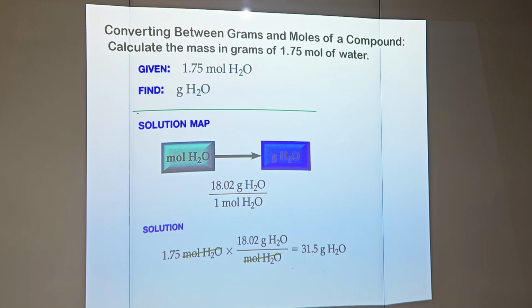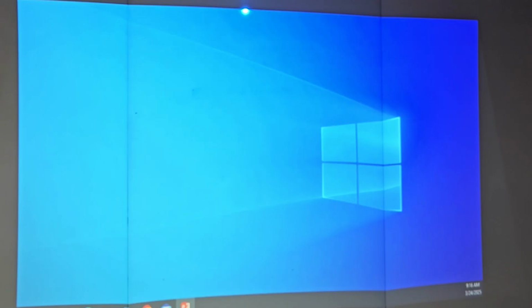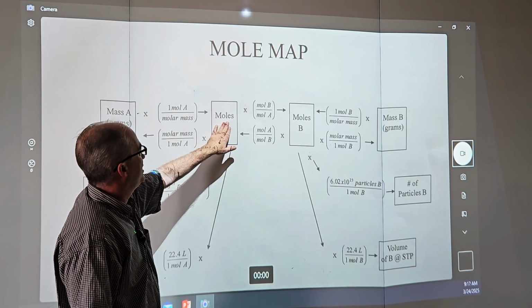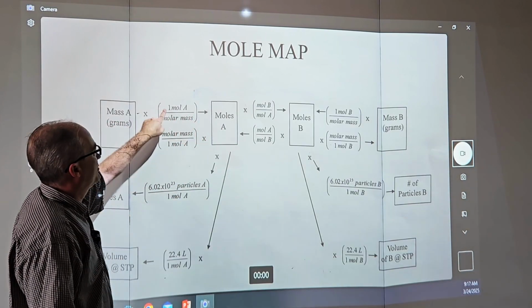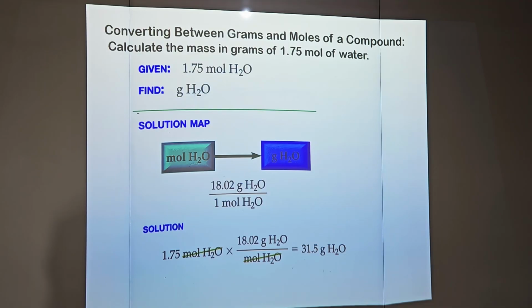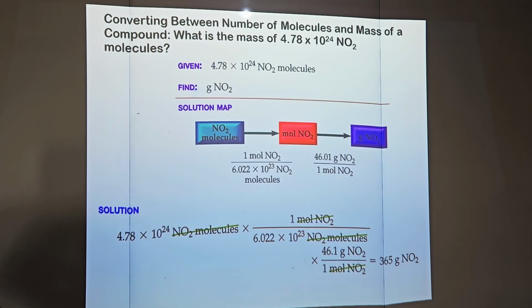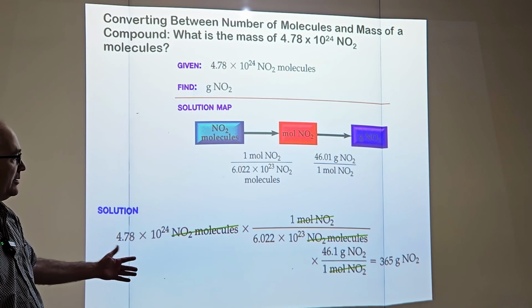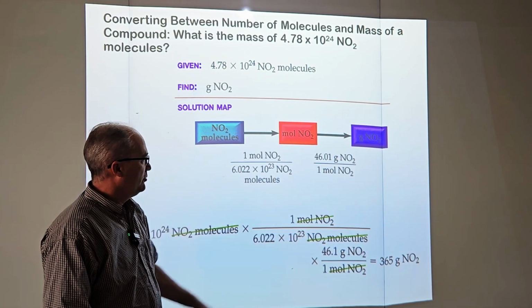So on the mole map, oh lovely, we went from moles of H2O multiplied by molar mass and got to mass. Any questions? Now if I know the number of particles, I'm going to divide by Avogadro's number, and that will get me to moles of NO2.